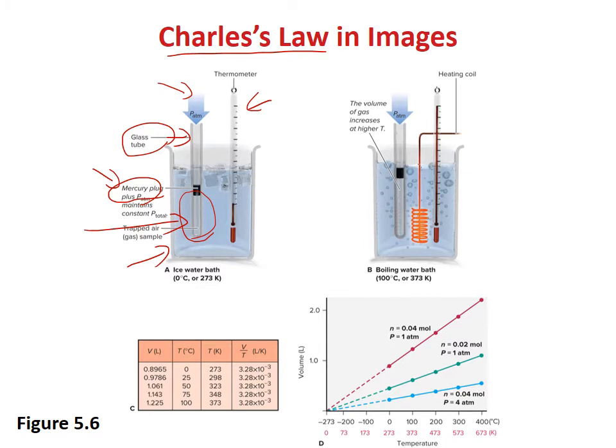So let's say the plug is 5 millimeter and the atmosphere pressure is 760. And since neither of these pressures changes during the process, the pressure of this air is kept constant.